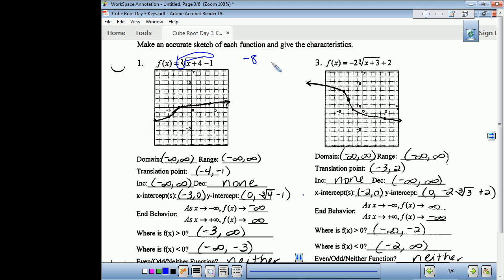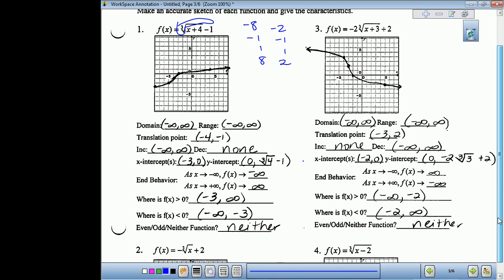So the cube root of negative 8 is negative 2. The cube root of negative 1 is negative 1. The cube root of 1 is 1. The cube root of 8 is 2. And you quickly begin graphing. So I don't think it's an issue of difficulty. I don't think anything we've done this unit has been terribly difficult. It'll just be getting them all straight in your brain between now and Friday.